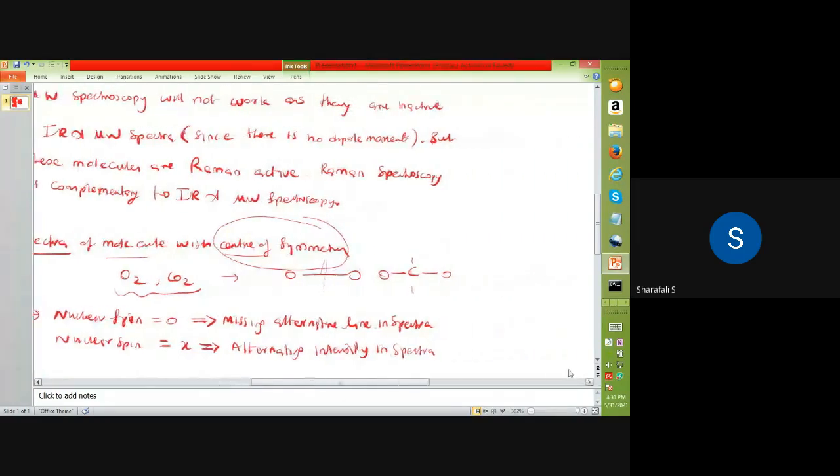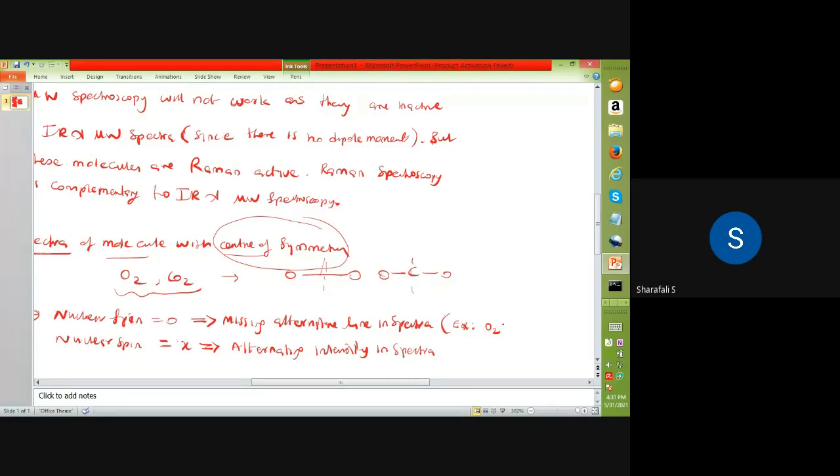In Raman spectroscopy itself, for example, the oxygen molecule has a nuclear spin value equal to 0.